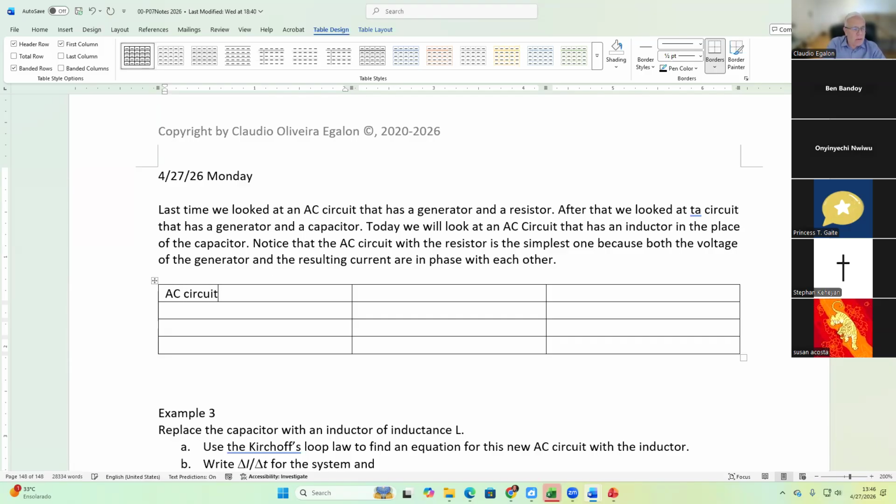AC circuit: resistor only, capacitor only, inductor only.